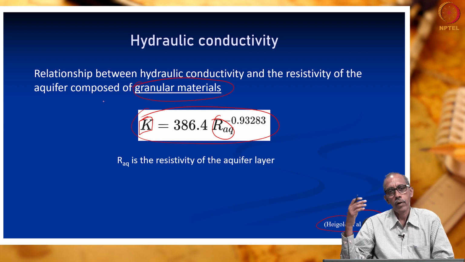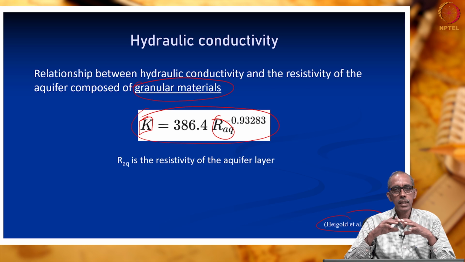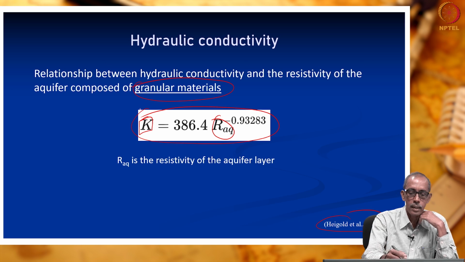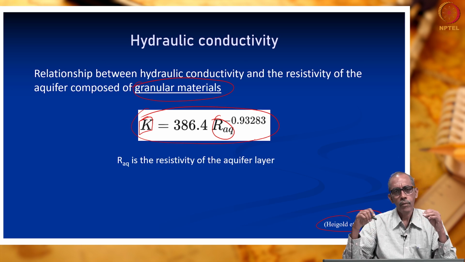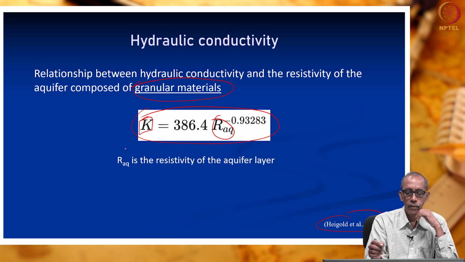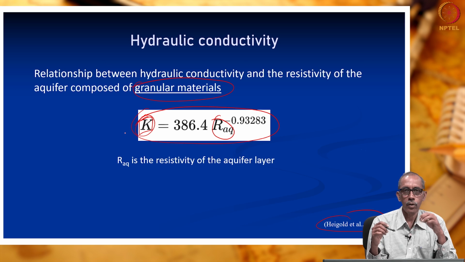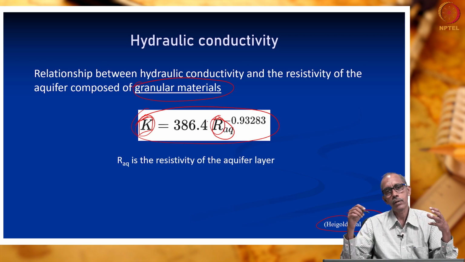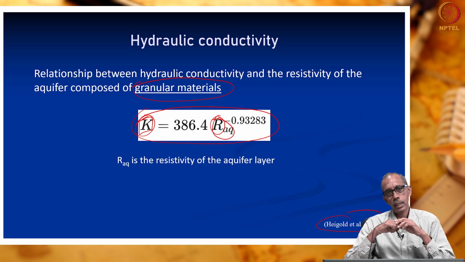That means aquifers which have primary pores. Primary pores are the pores formed at the time of formation of the rock itself. For such granular aquifers, this relationship is applicable. However, it is an approximate estimate. So, using this relationship, we are able to determine the aquifer's hydraulic conductivity at different locations and different depths, making use of the resistivity which we have observed using the resistivity method.